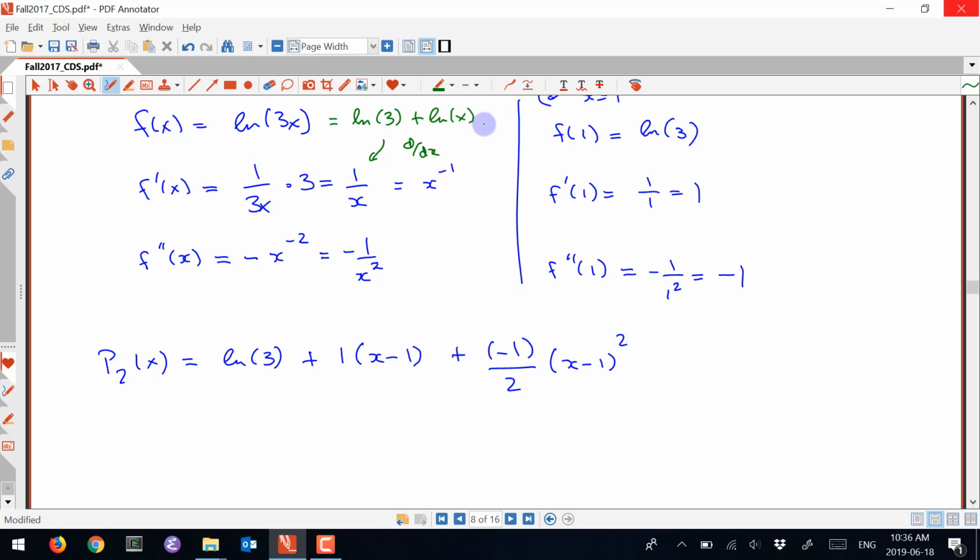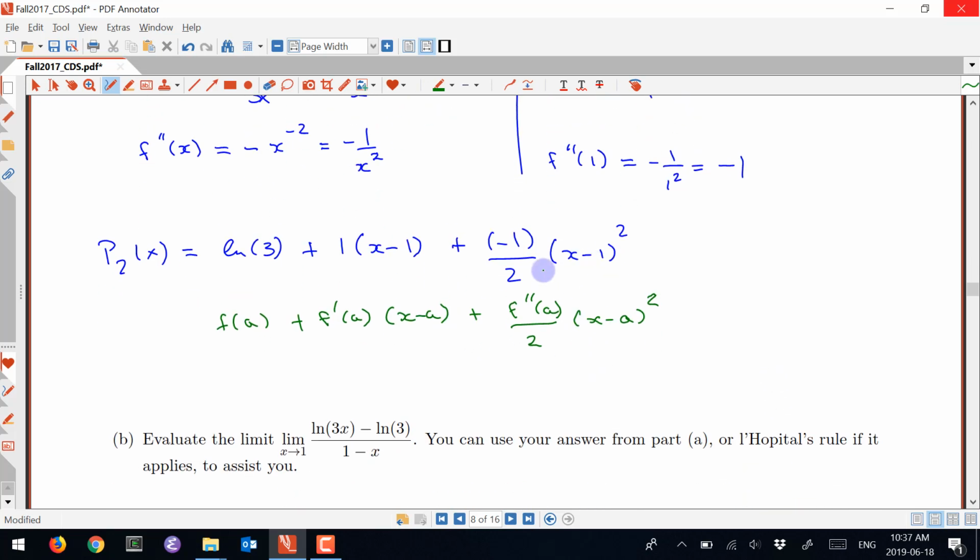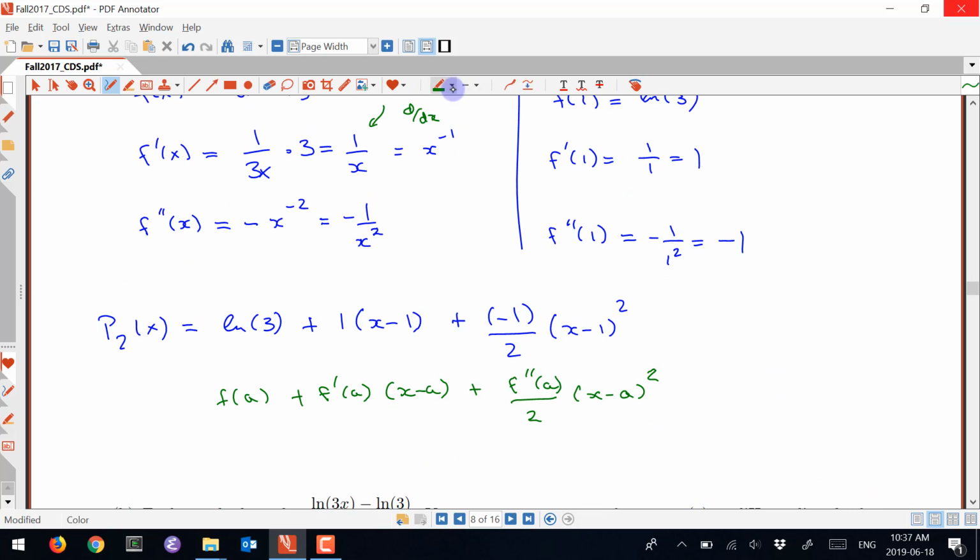So this is just paralleling our f of a, plus f prime of a, the slope, times x minus a, plus f double prime of a all over 2 times x minus a all squared.